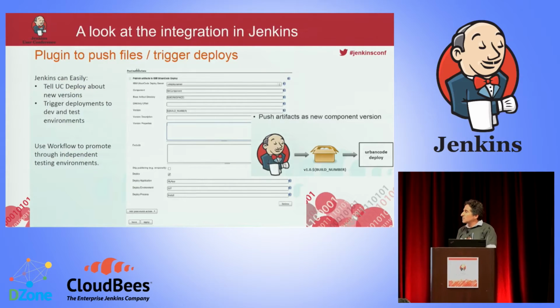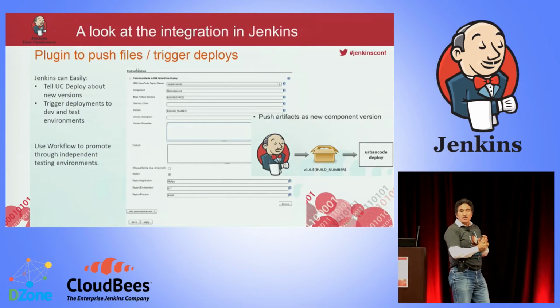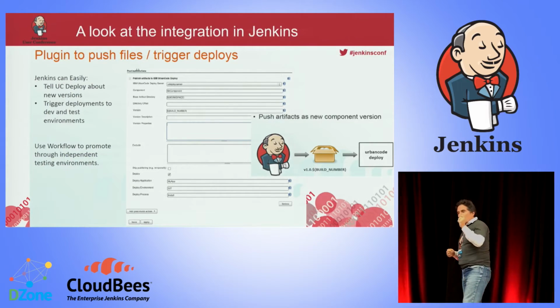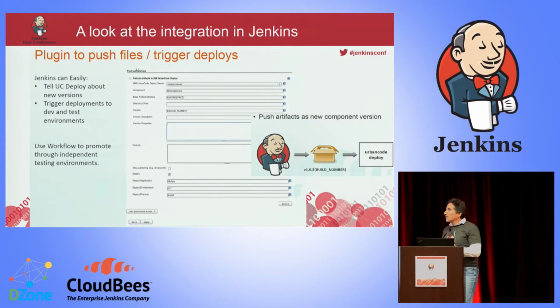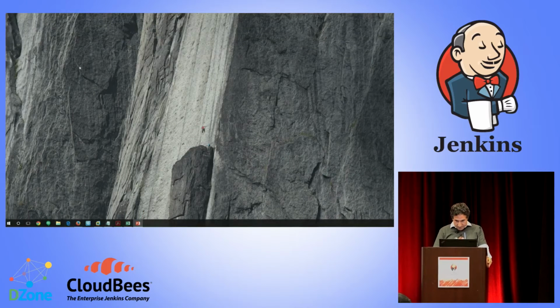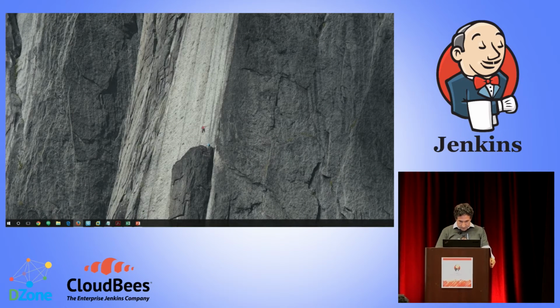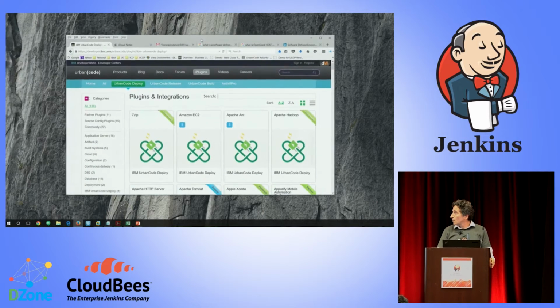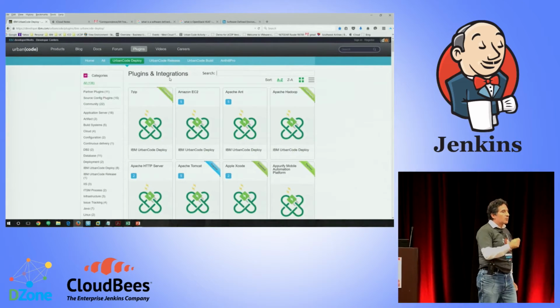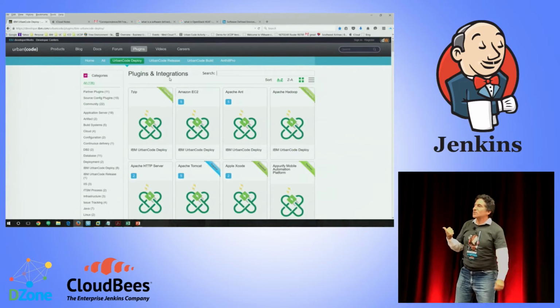So how does it work in Jenkins? There is a plugin for Jenkins, and you can go to the website that we have, which I'll show you here, and pull down that plugin. So if you just Google UrbanCode Deploy plugins, you'll get this website.